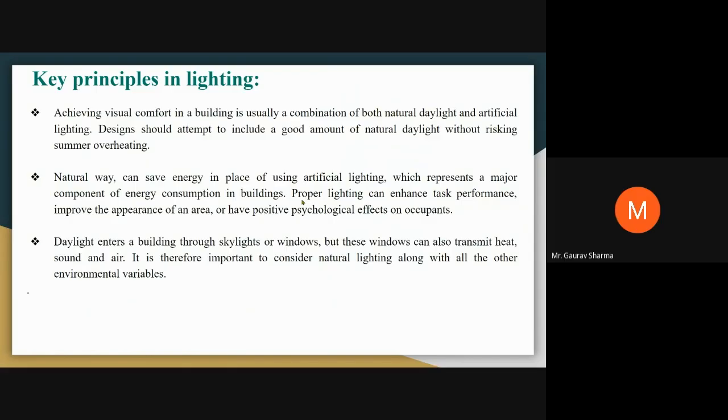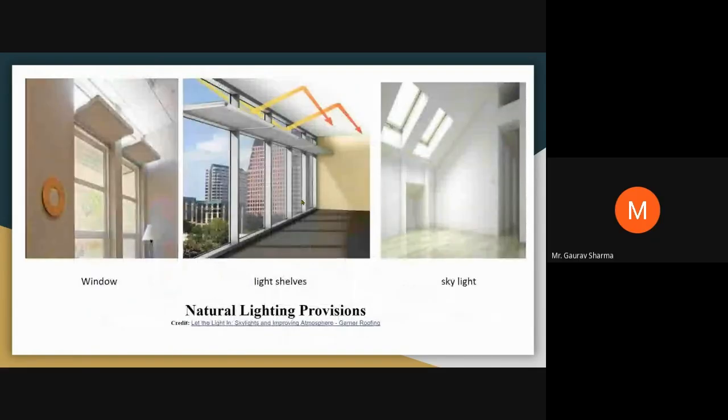Okay, so now I'm giving you some images so that you can relate how a window or skylight or different facilities are going to provide us natural light. We can see here with the help of a window there are some screenings placed so that we can control the amount of heat coming inside the building, right? Again, you can see the light shelves. That means you are taking the reflective sun, not the direct sun.